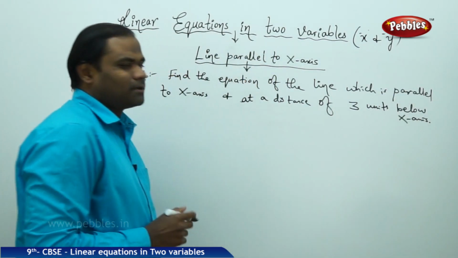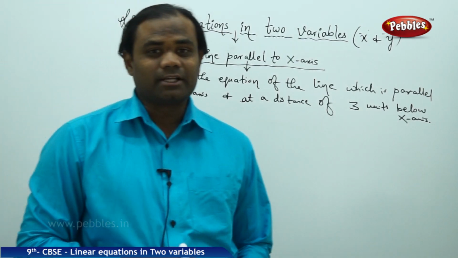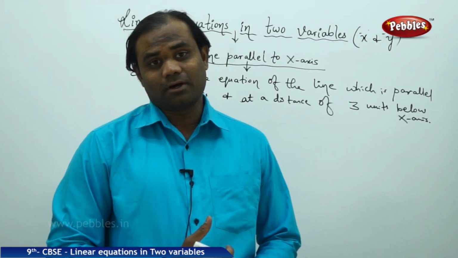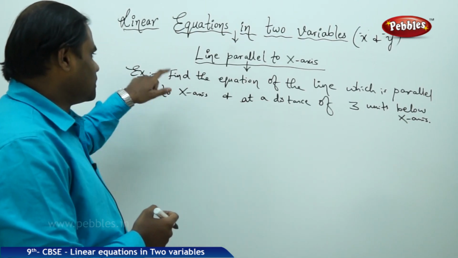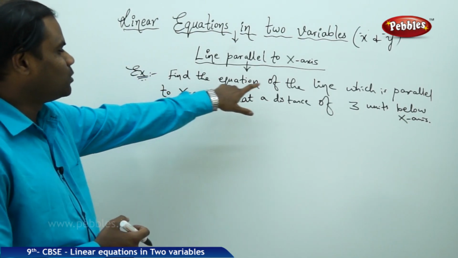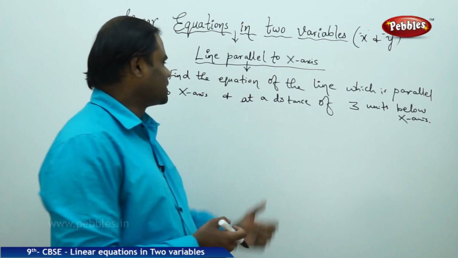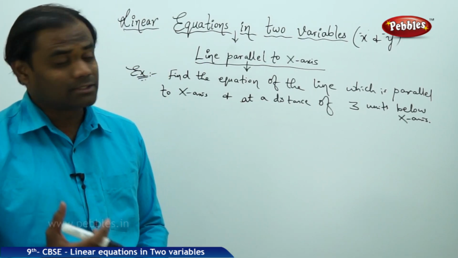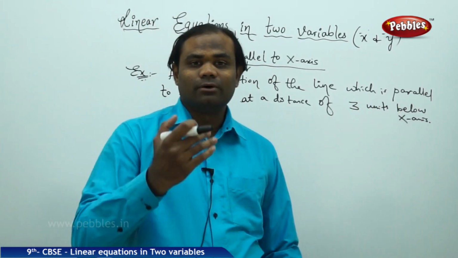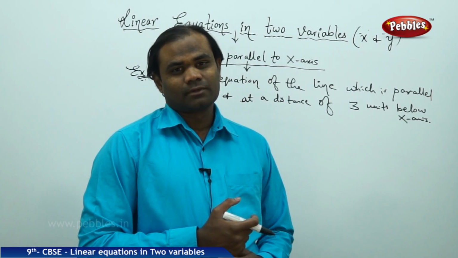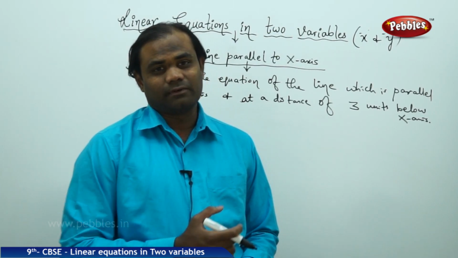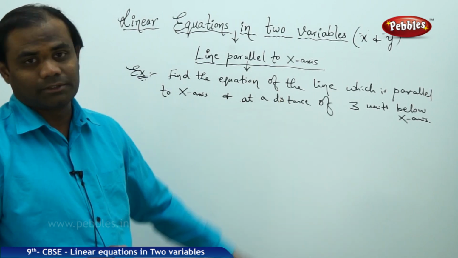Now here I have a question which has various conditions taken into account. Let's see how we can identify the line through the given conditions.